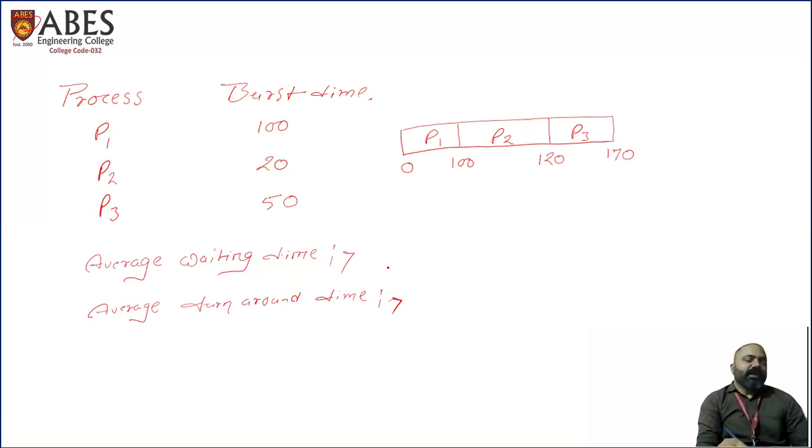For average waiting time and average turnaround time, we should have individual waiting time and individual TAT. So for waiting time, we get individual values.